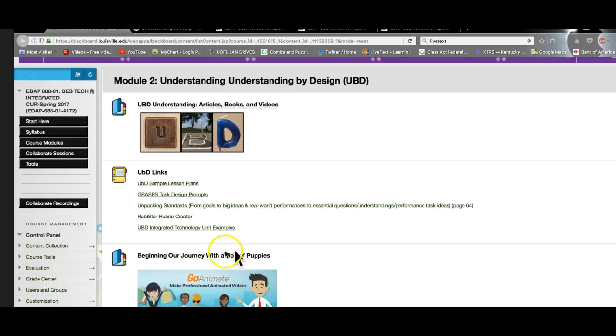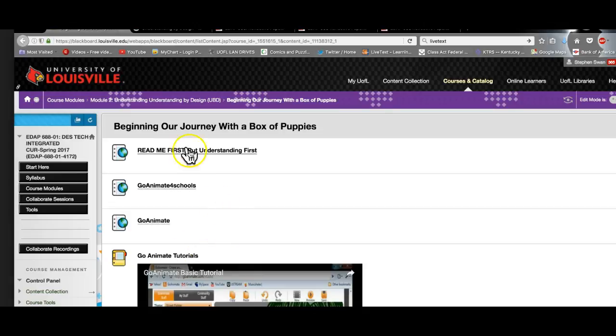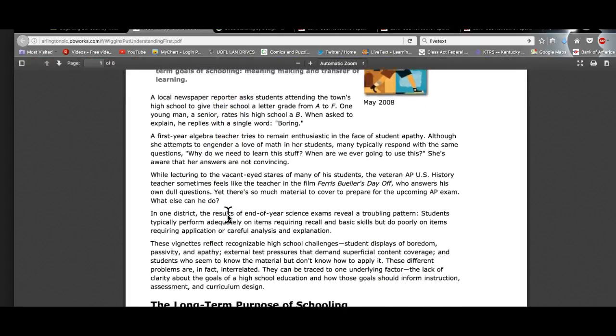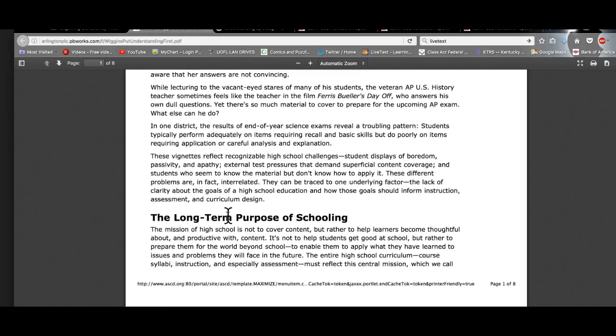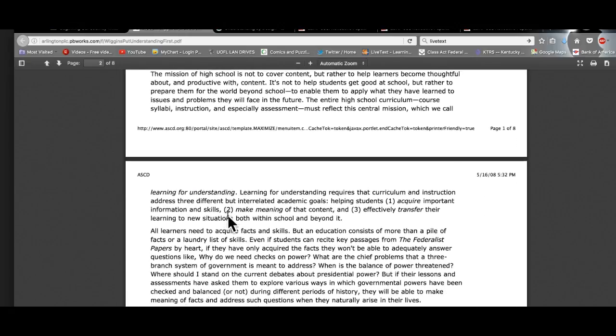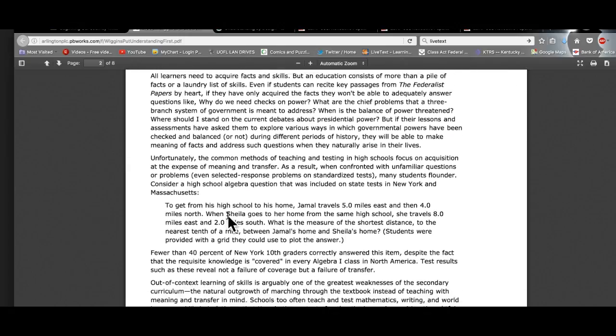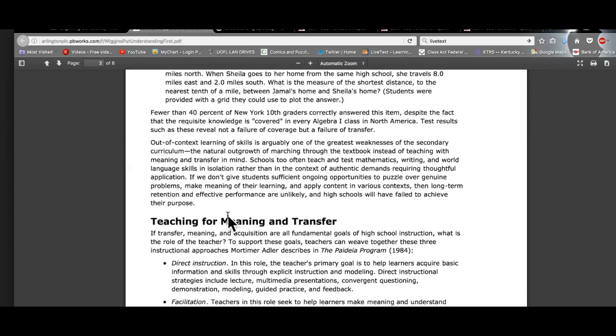And as beginning our journey with a box of puppies using GoAnimate, here's the article that I want you to read first called Put Understanding First. And this article basically outlines the different styles of teachers and how those styles lead to students demonstrating, acquiring understanding.